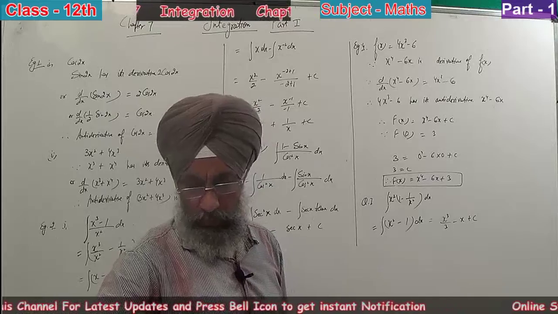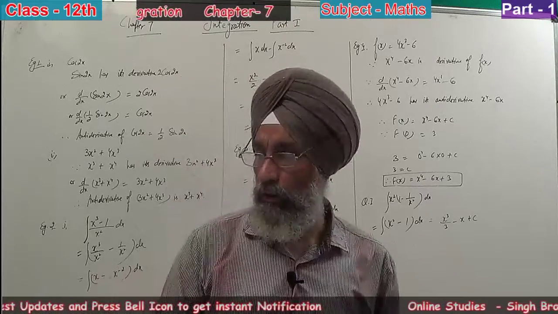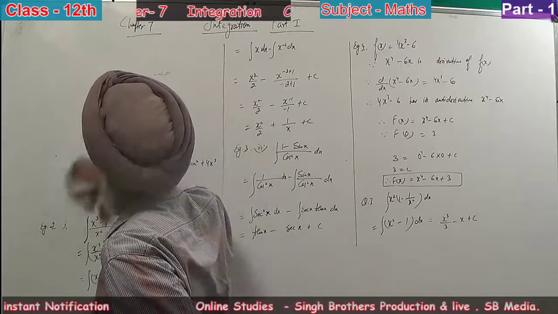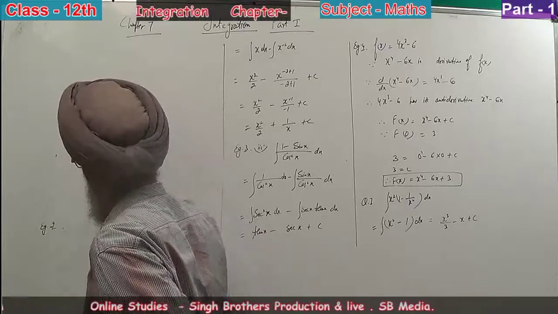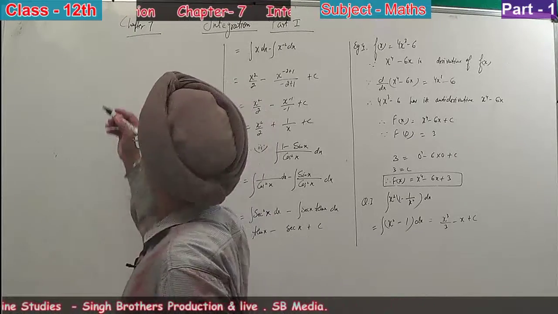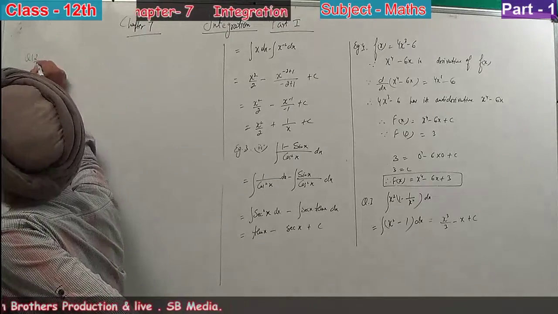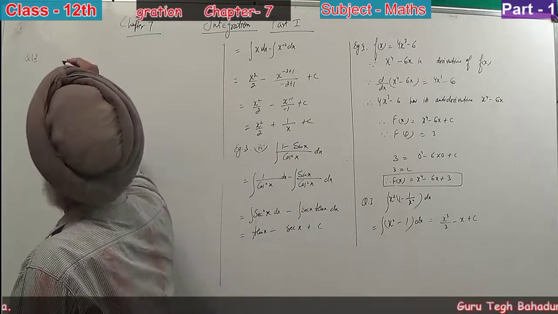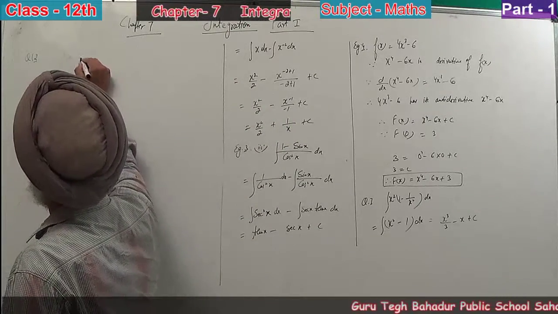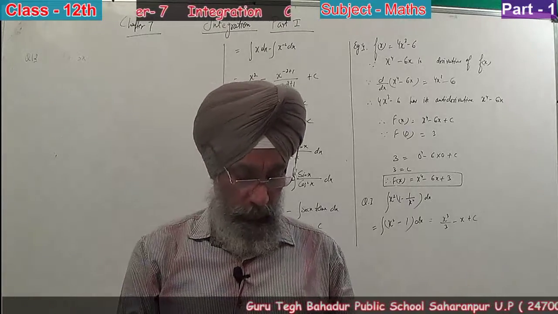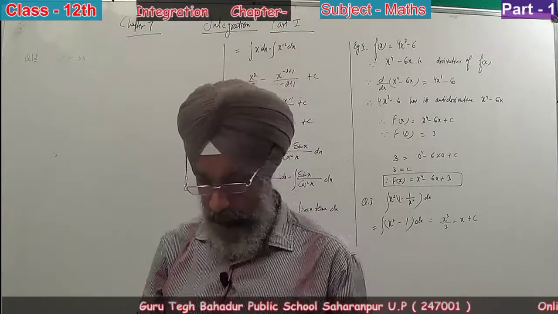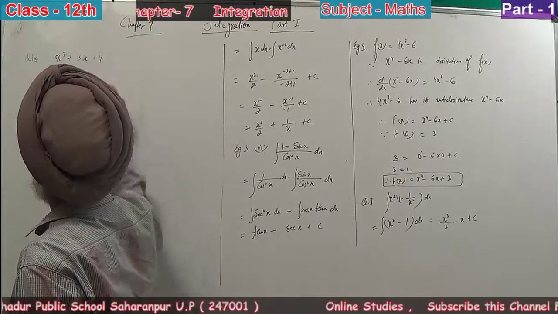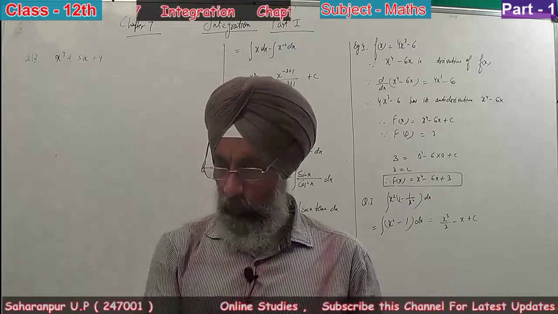Now the question number 12. It is given to us (x cube plus 3x plus 4) divided by square root of x.